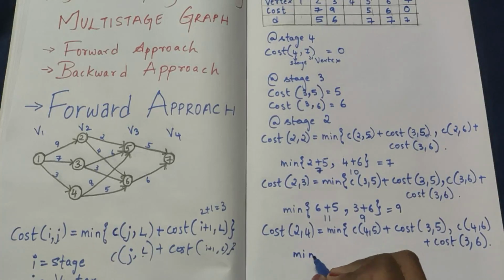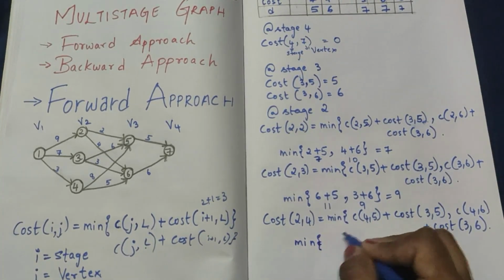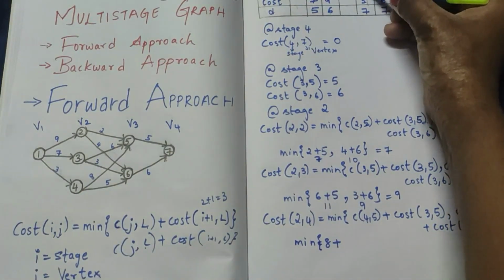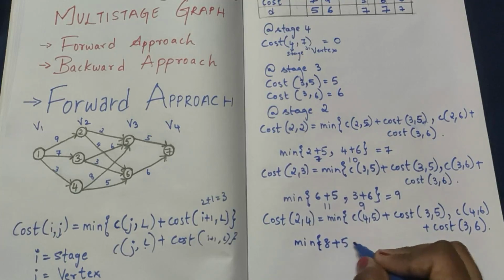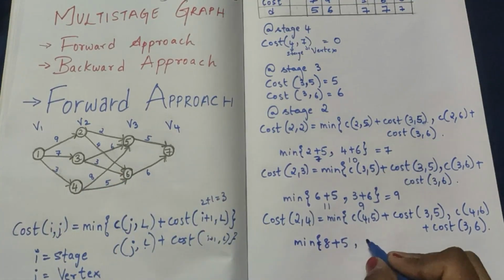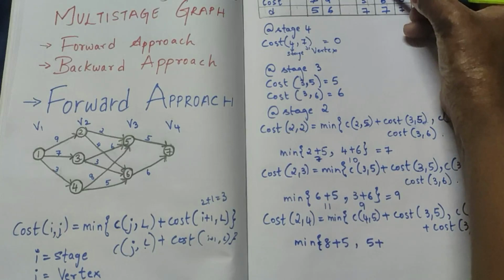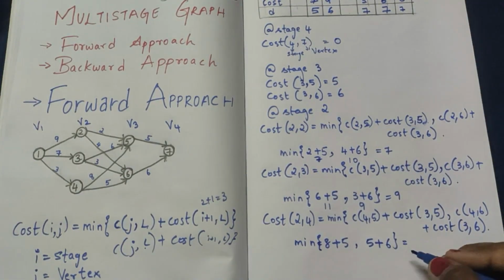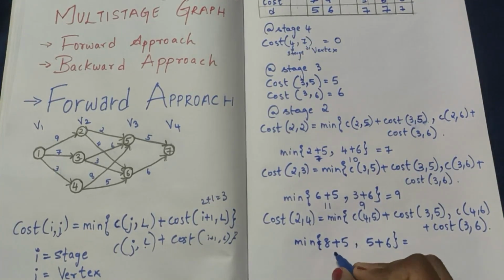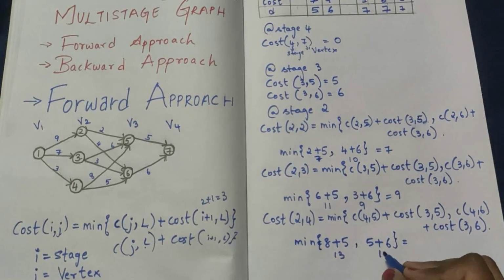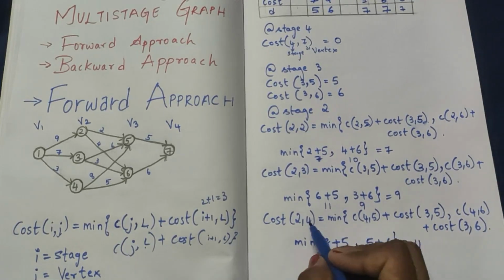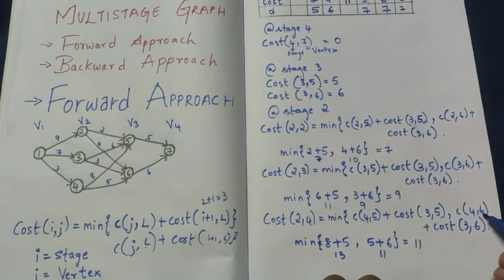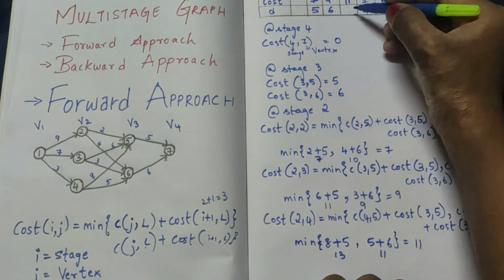So 4 to 5 it's 8 plus fifth vertex, the cost is 5. 4 to 6 it's 5 plus from the sixth vertex the cost is 6. Now which is the minimum value? 8 plus 5 is 13 and 5 plus 6 is 11. So 11 is the minimum value. So fourth vertex the cost is 11. To reach the vertex is 6.